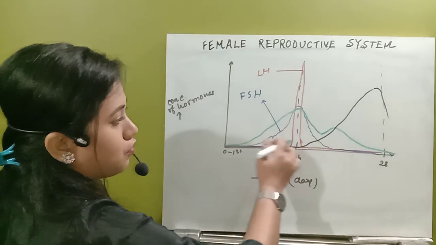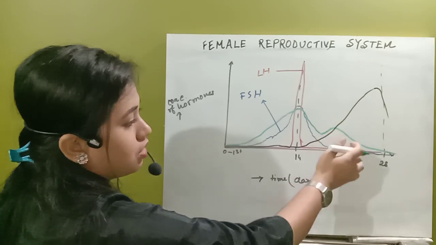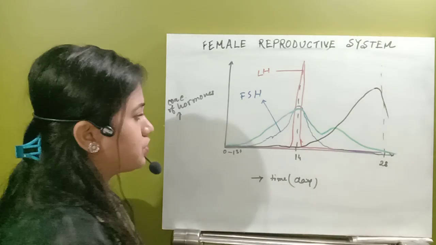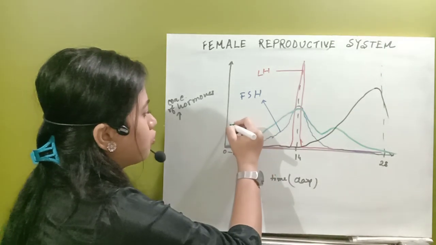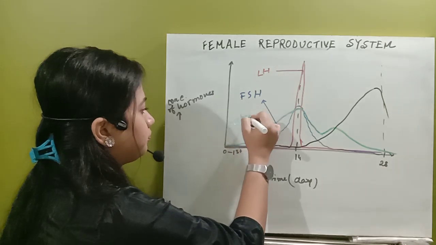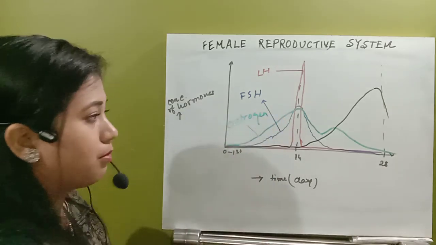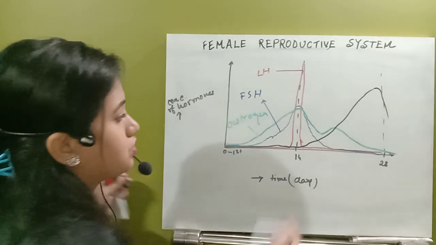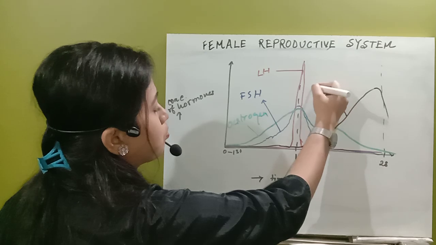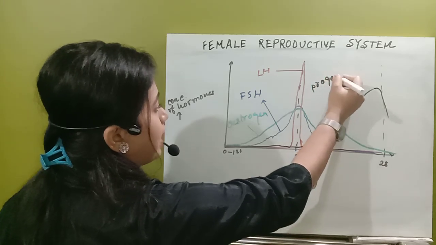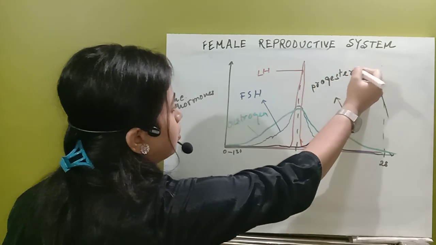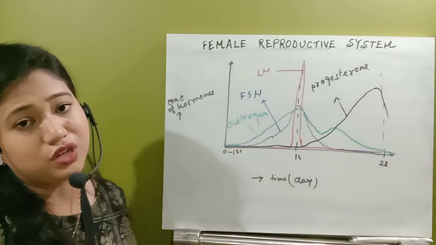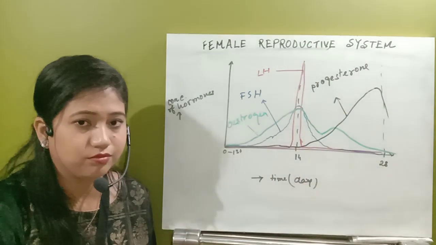This part is because of the Graafian follicle, and this surge is because of the corpus luteum. So this is the hormone estrogen. And the black colored line represents the last ovarian hormone, that is progesterone, and it is because of the corpus luteum. It releases the hormone progesterone.